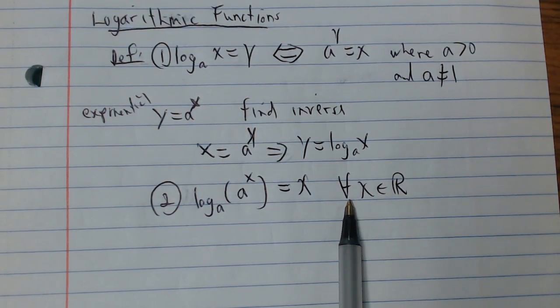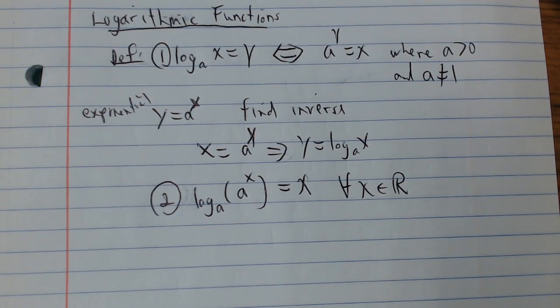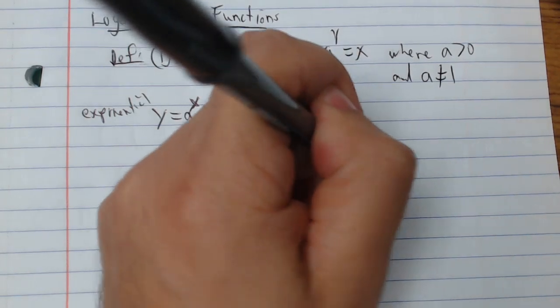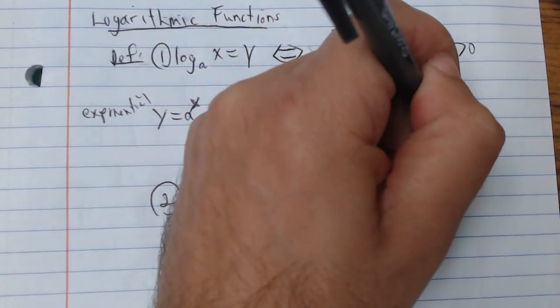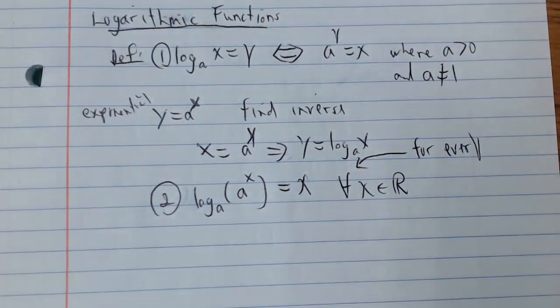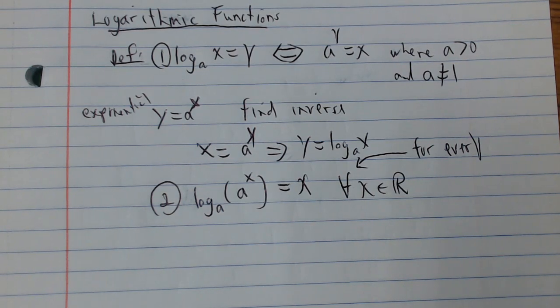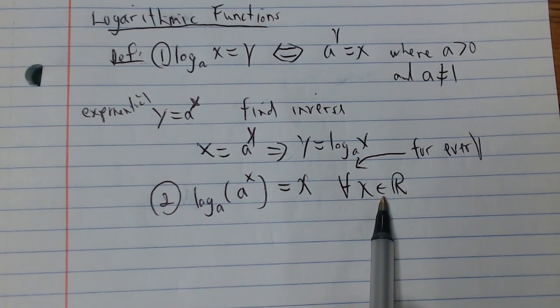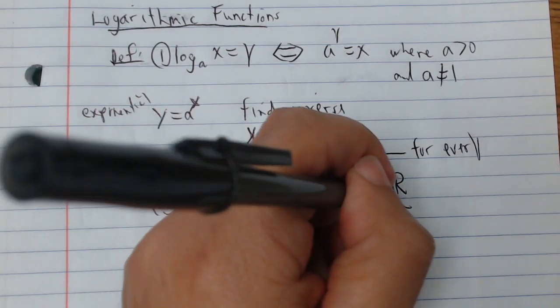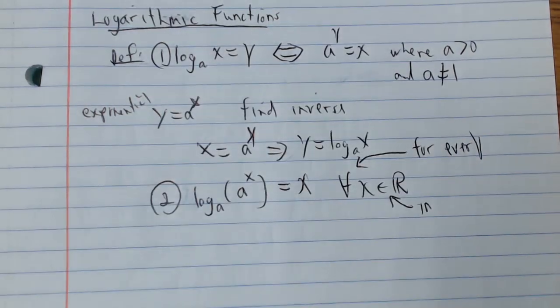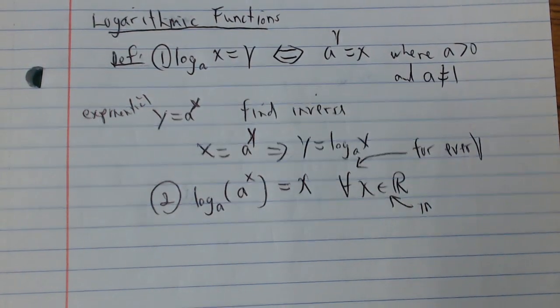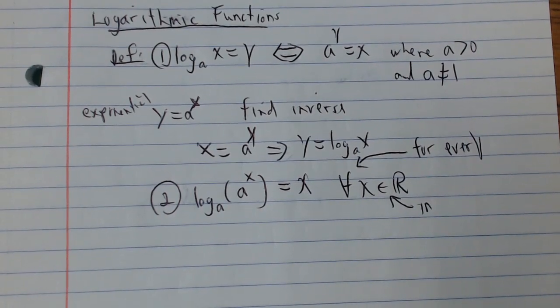If you haven't seen this upside down a, I think this is the first time I'm showing you, that just means for every. So basically that's a quick way of saying for all x. And this weird looking e, I think that I've shown you, that just means it's in. So for any x that's in the real numbers, so for example, 2 or 5 or whatever it may be.